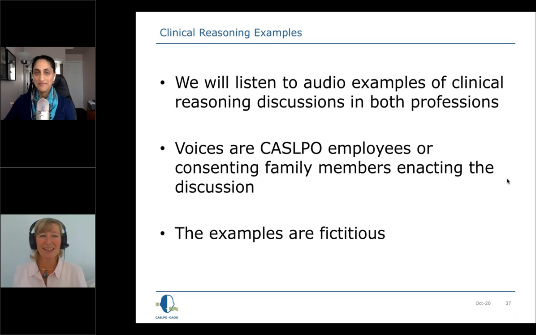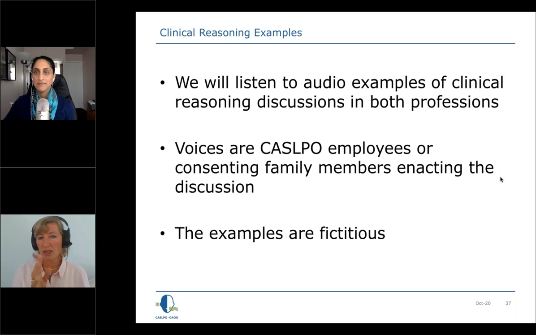Voices are either CASLPO employees or consenting family members enacting the discussion. These examples are fictitious. In the interest of time, we're only playing a portion of the clip, but we're hoping that we give you enough for you to determine whether you see clinical reasoning here.